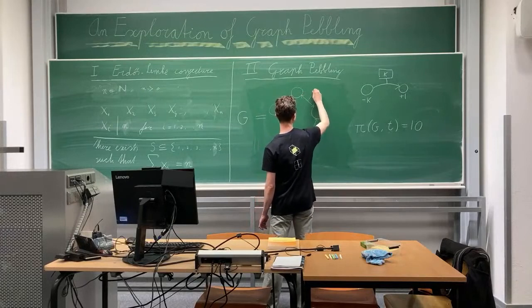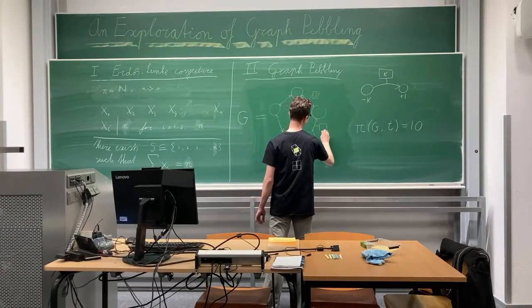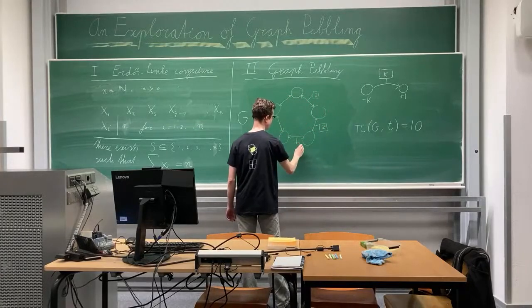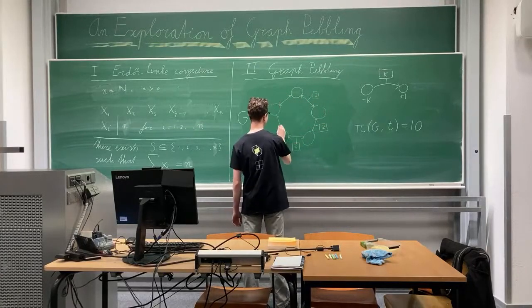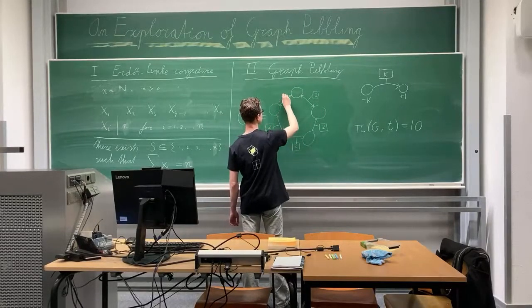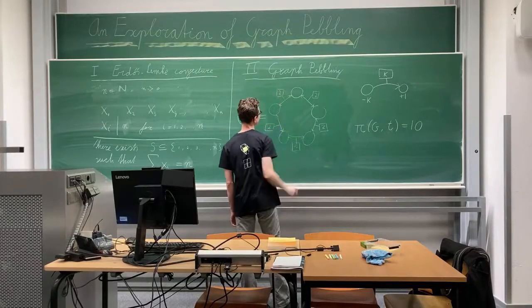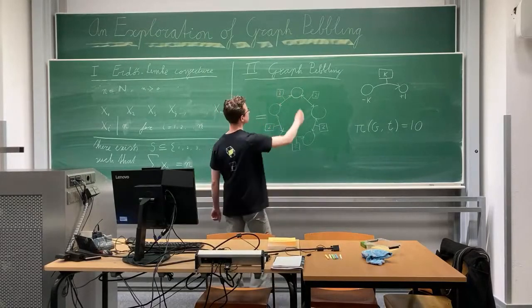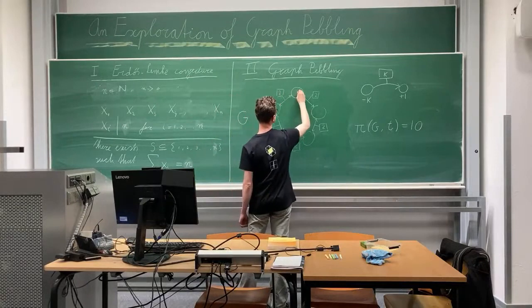And all of those movements are going to have cost 2. And so, of course, maybe you can see it coming. The question is now, if we pick any of those vertices as a target vertex, what will be its pebbling number? So, I'm going to say, for example, this will be the target.